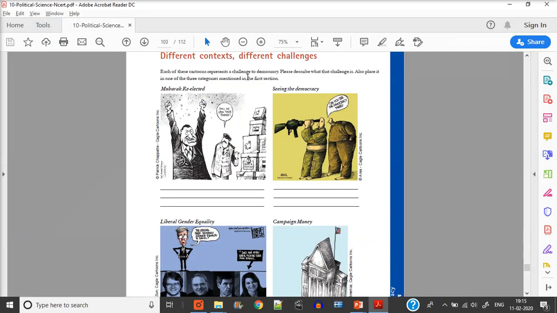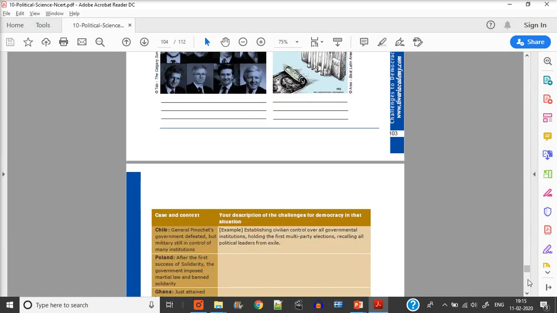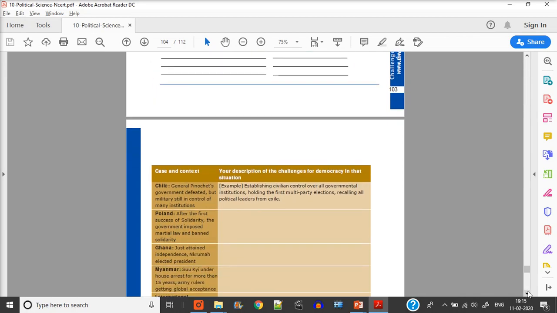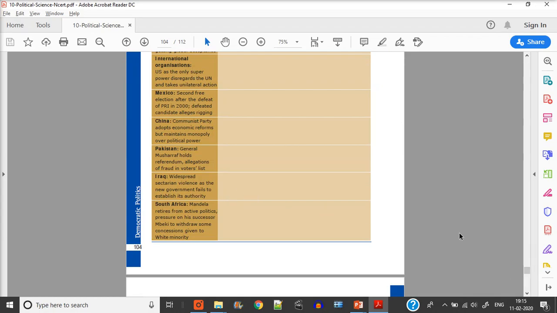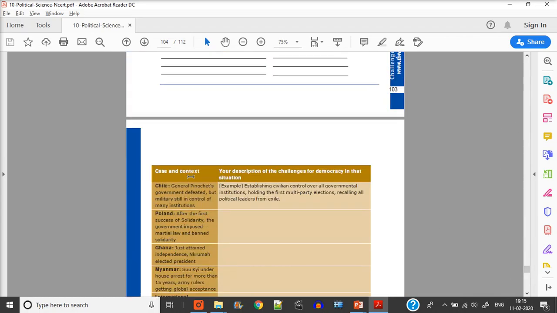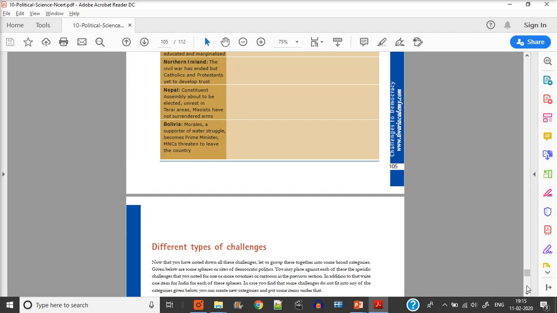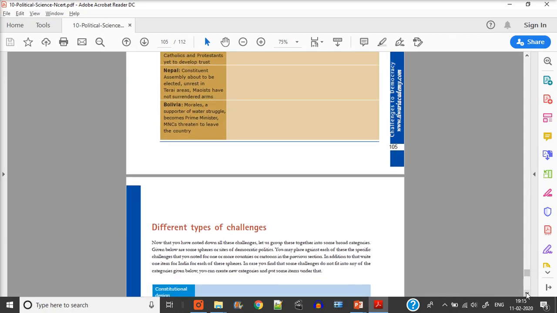So we have now the other question which is based on this one. Different countries are given, and also the case and context and your description of the challenge for democracy in that situation. Now the question is this one.